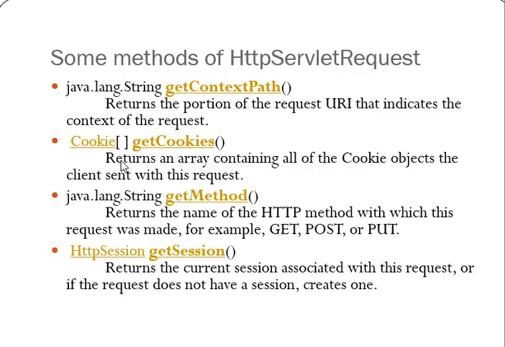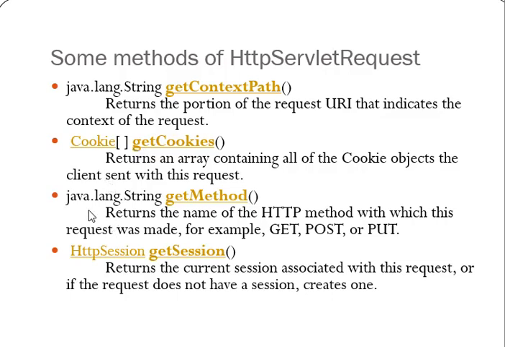Simple cookies would be set when you log in. Your department and value can be a cookie, and your username and USN can be another cookie. Likewise, each cookie will have a name and an associated value. All the cookies stored on that particular client machine can be read using the get cookies function.